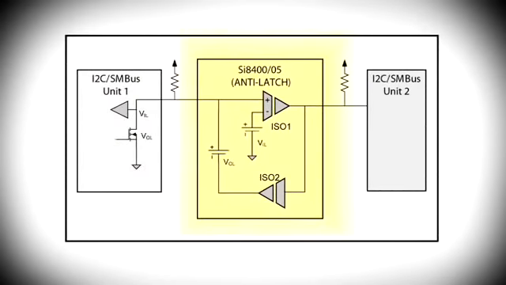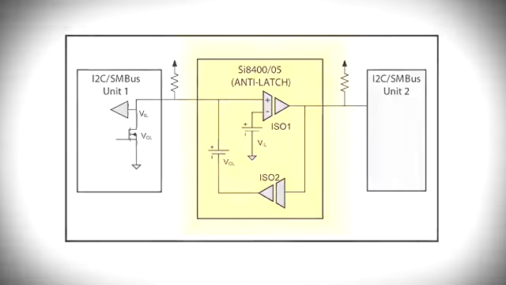The A side output low, VOL, and input low, VIL, levels are designed such that the isolator VOL is greater than the isolator VIL to prevent the latch condition. The reason I chose the A side facing the SI3452 is that the VIL level of the SI3452 is compatible with the special VOL level of the SI8405.